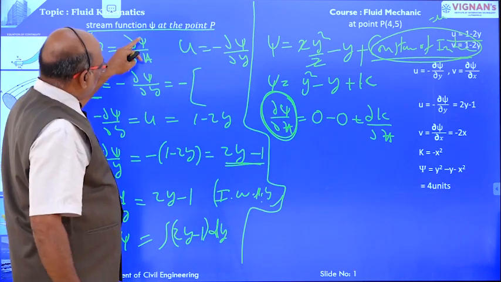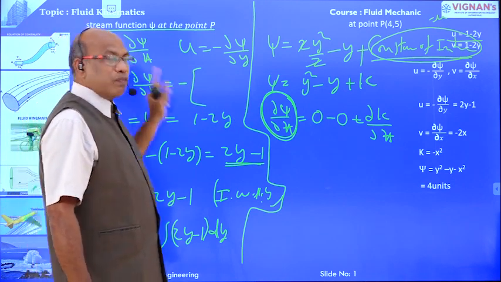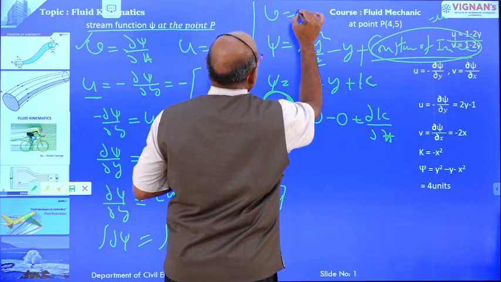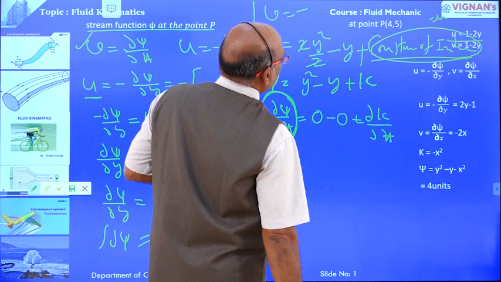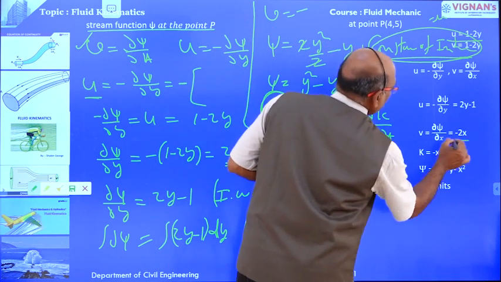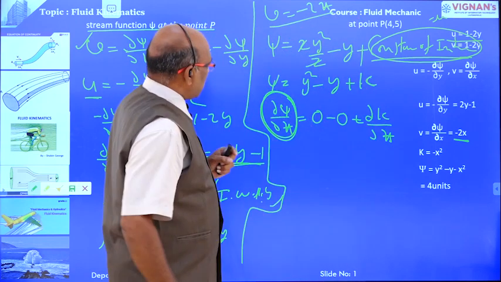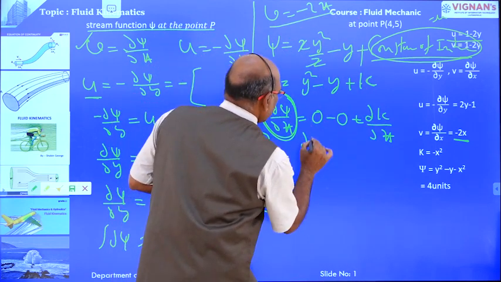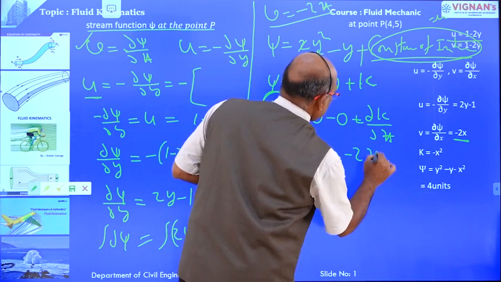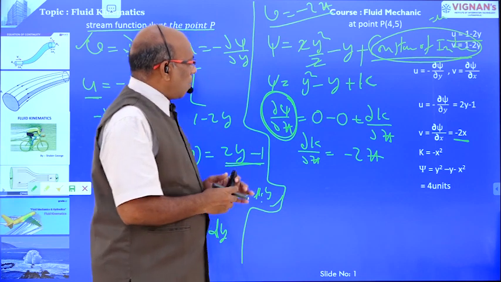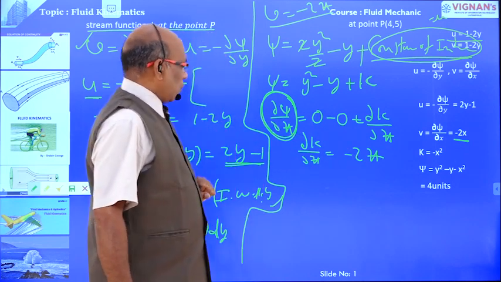V. We already determined the V value. V is equal to minus 2x. Therefore, dk/dx is equal to minus 2x.